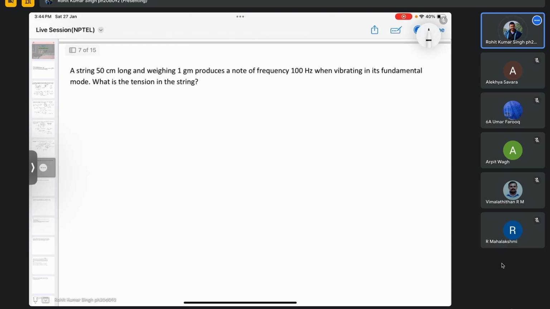So here we have a string 50 centimeter long.